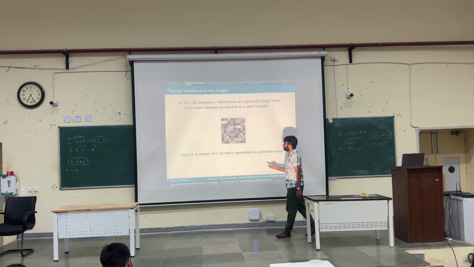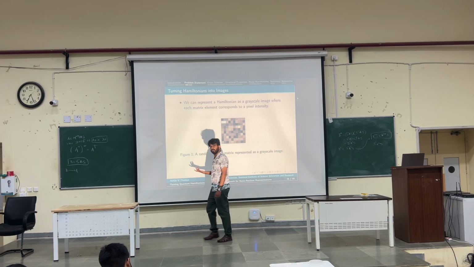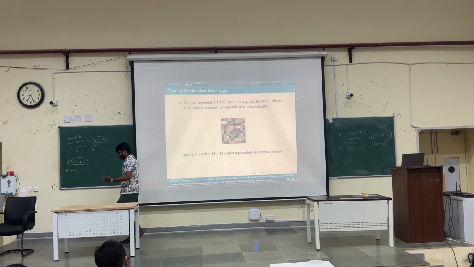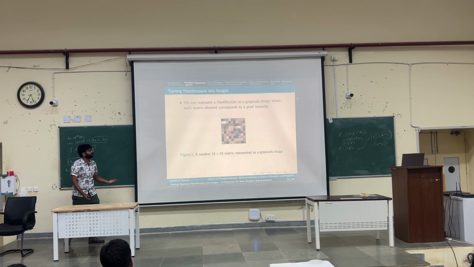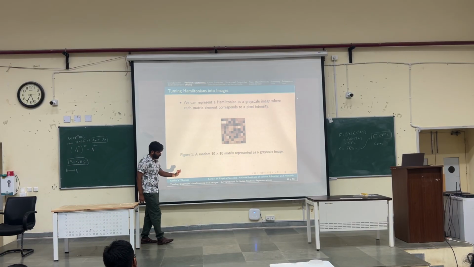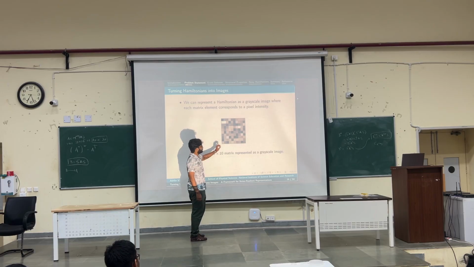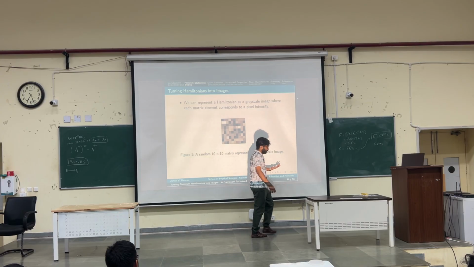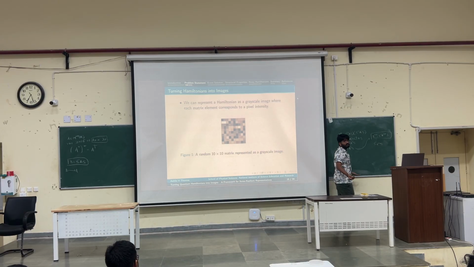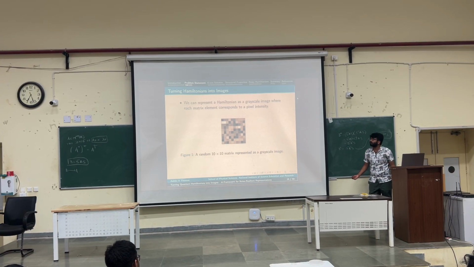But clearly, this image doesn't have any structure. If you just do this in an arbitrary basis, by giving the smallest value complete dark black and the highest value white, what you will get is such an image. You might not see any physics or any structure of the quantum system from this image.